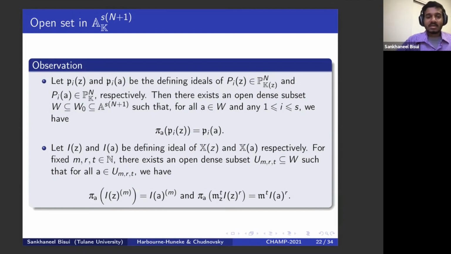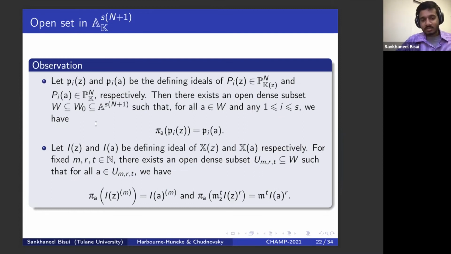Then there exists an open subset such that if we specialize the prime ideal corresponding to the generic points, we will get the prime ideal corresponding to the specific points.